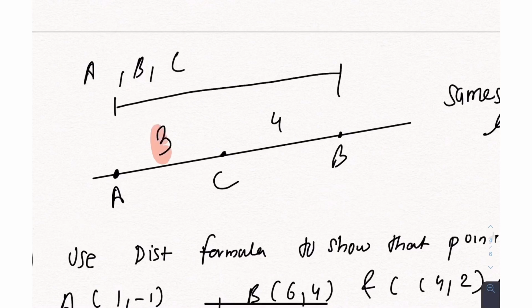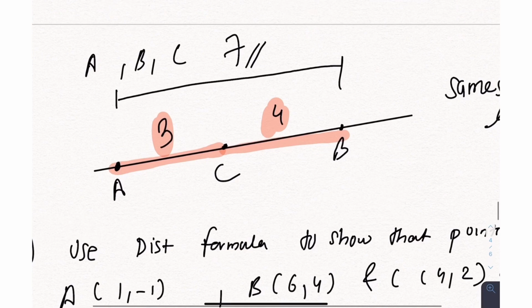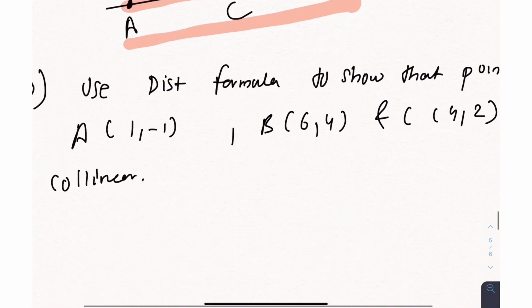What we are going to do is add 3 and 4, which is 7. I hope this part is clear to you guys. Because if you have to find the length of AB, we have to add AC plus BC or AC plus CB. So this entire length is AB, and AB will be the sum of 3 and 4, that is 7.